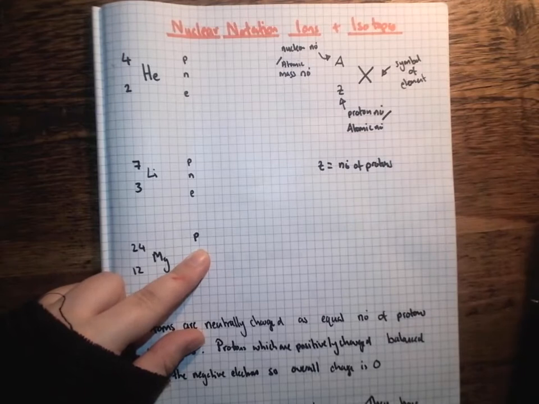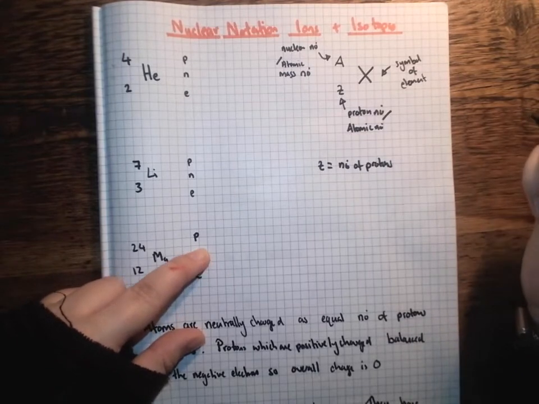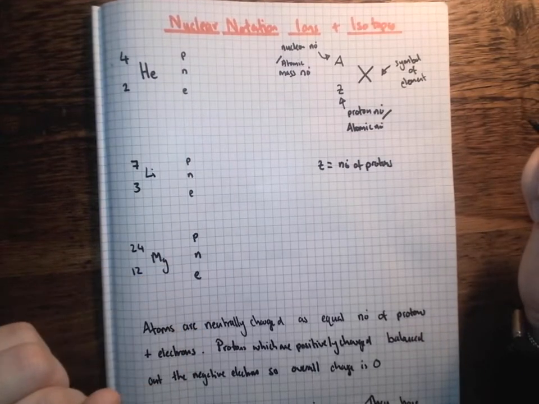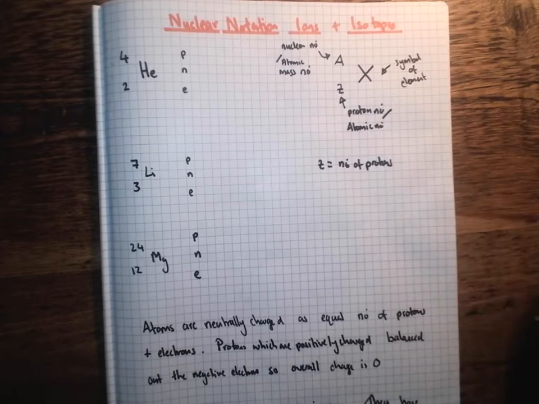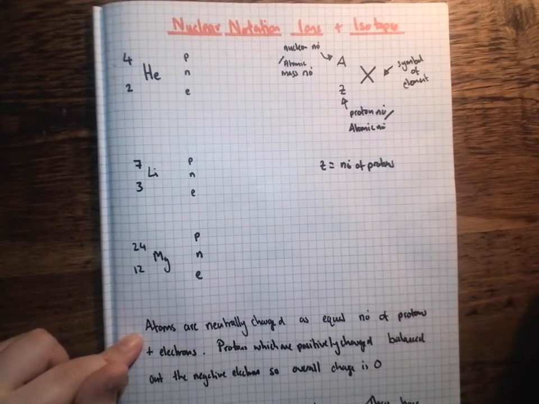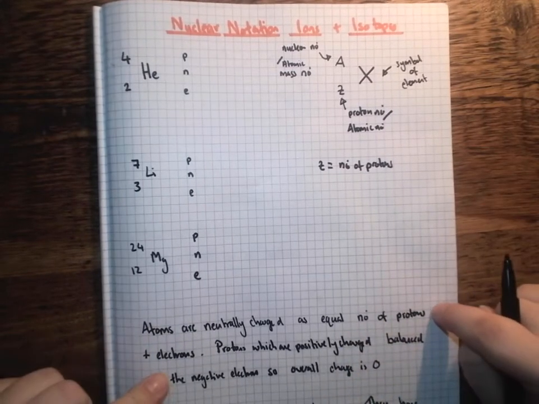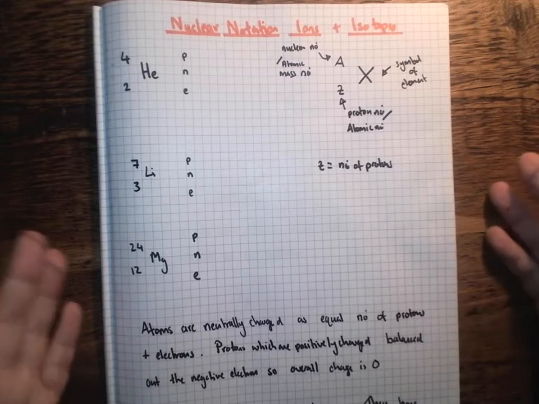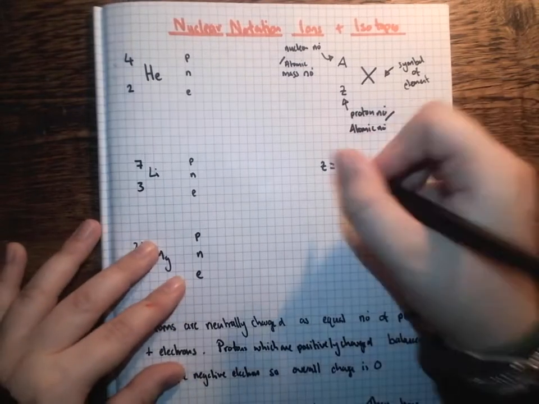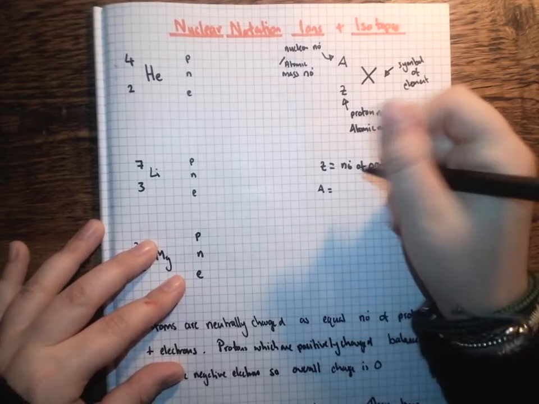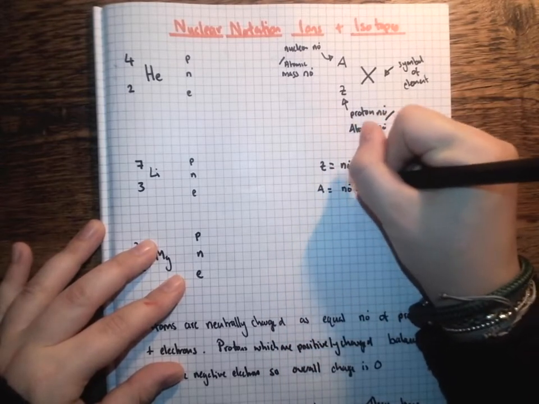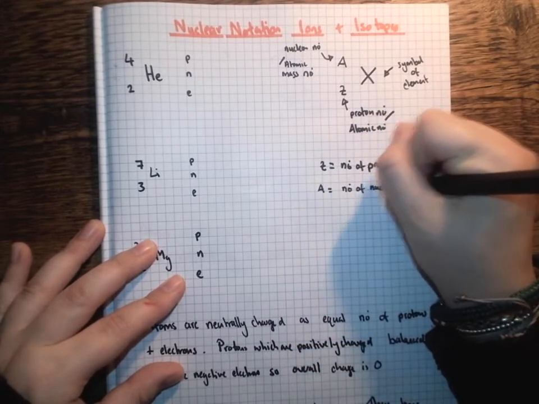Okay, and also for an atom, that would also be the same number of electrons that we have, because remember, in an atom, we have the same number of protons as the same number of electrons, because atoms are neutrally charged. They have an equal number of protons and electrons. Okay, they cancel each other out, so we have no charge there. The A value is equal to my number of nucleons.